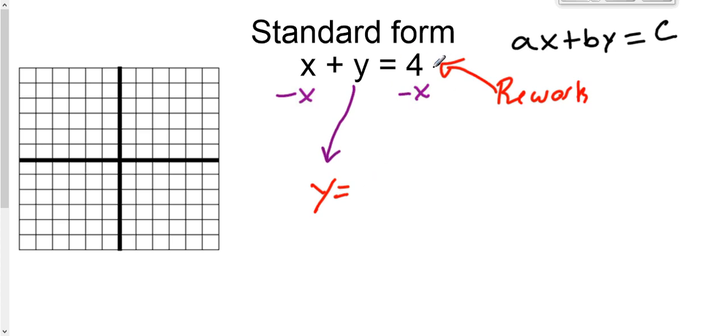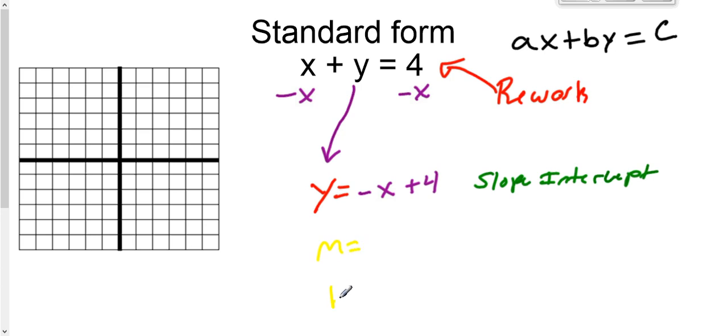These two are not like terms, so we write them side by side. We have a negative x, we have a positive 4. And after a little bit of work, we got ourselves a slope-intercept form equation.